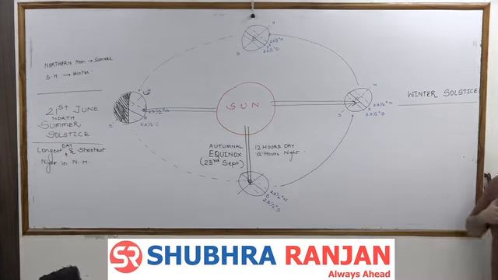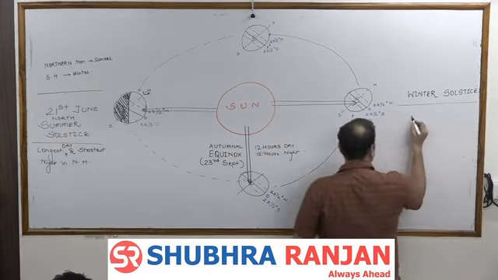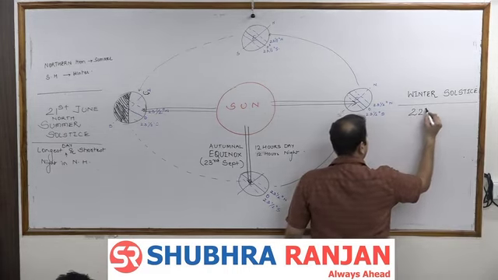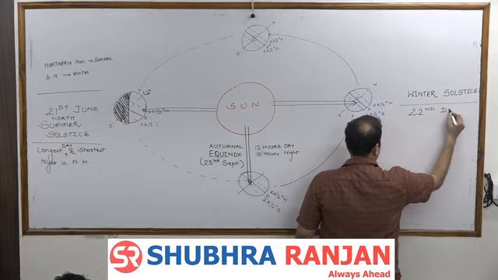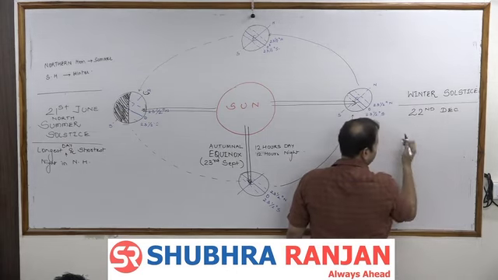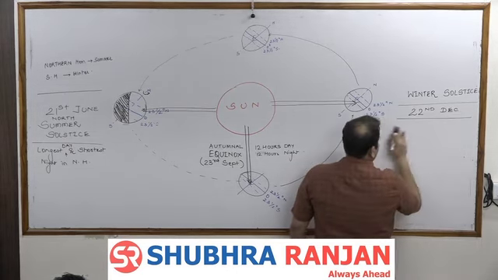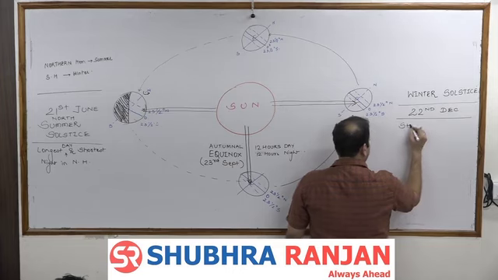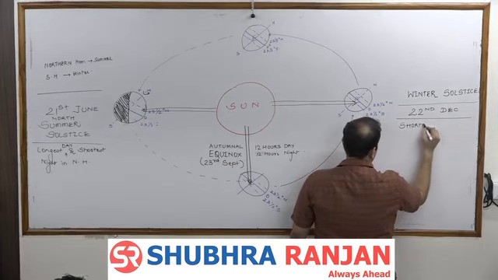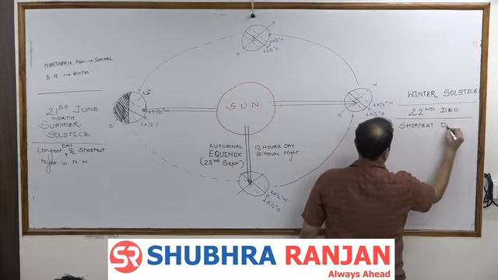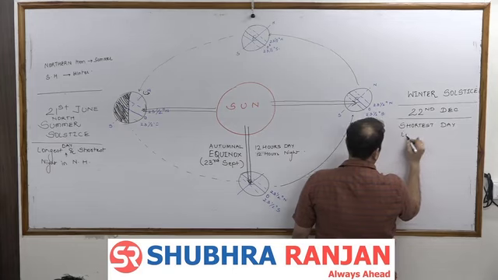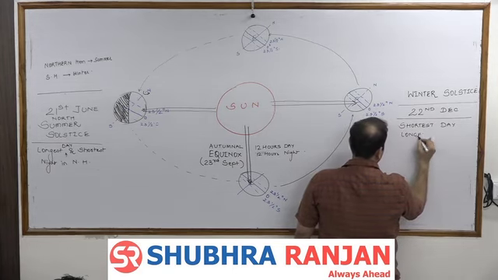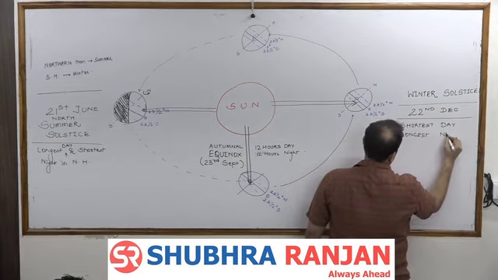It is winter season only for us in the northern hemisphere. So in the northern hemisphere, when does this happen? Generally on 22nd of December. So it is the shortest day and longest night, but in the northern hemisphere.